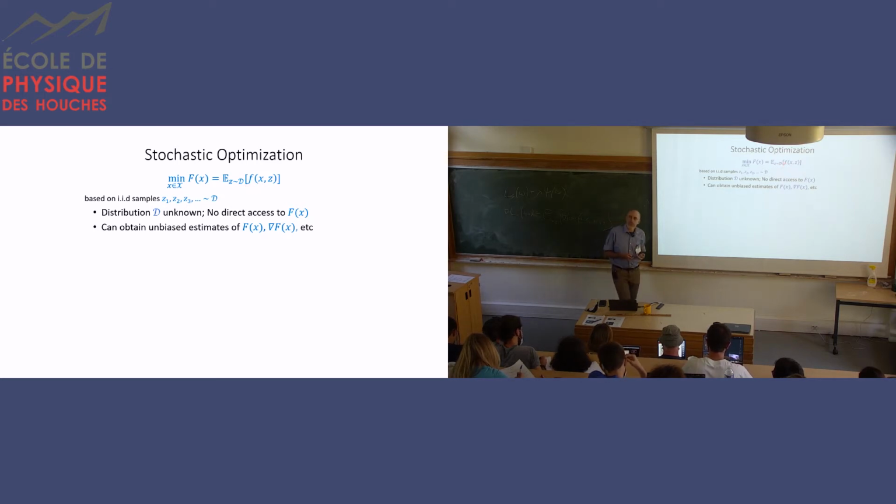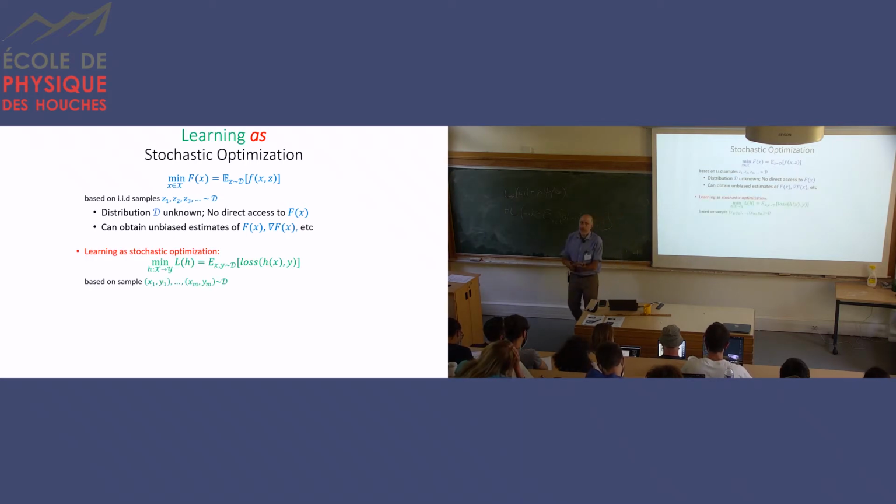We don't know the distribution over the z's, and we don't have direct access to our optimization objective. All we have is access to unbiased estimators of maybe f, or more importantly, the gradients of f. For example, we can get that if we have access to sampling from the distribution d.